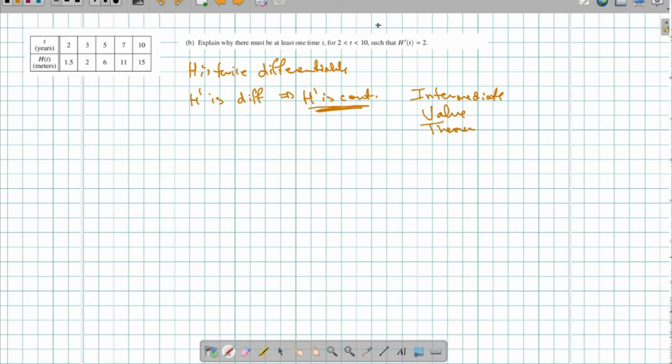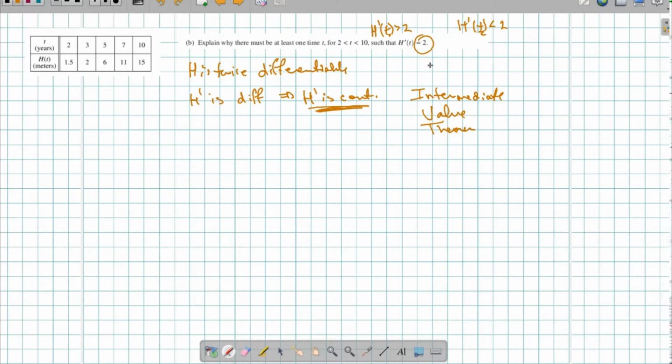In other words, if I can show that at some point h prime of t was greater than 2, and then later on h prime of t was less than 2, then I know that h had to reach 2 somewhere between t1 and t2. And so that's really what we're going to be going for.